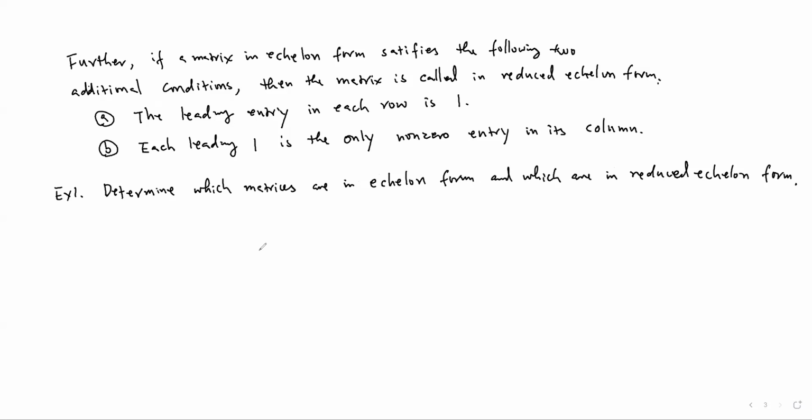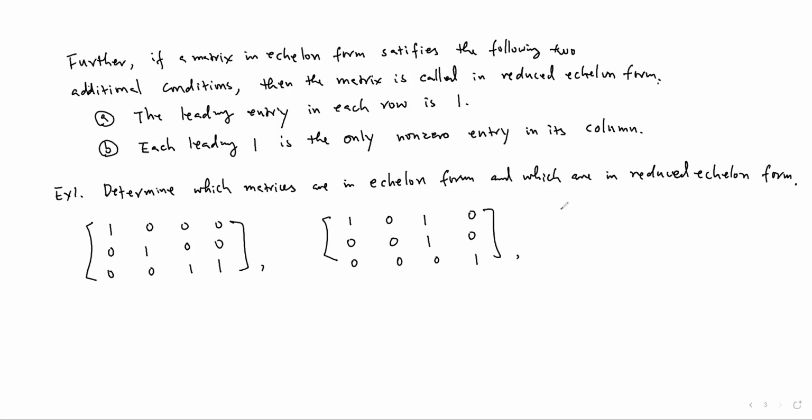We have 4 matrices here. Number 1: 1, 0, 0, 0, 0, 1, 0, 0, 0, 0, 1, 1. Second matrix: 1, 0, 1, 0, 0, 0, 1, 0, 0, 0, 0, 1. The third matrix is 1, 0, 0, 0, 0, 1, 1, 0.